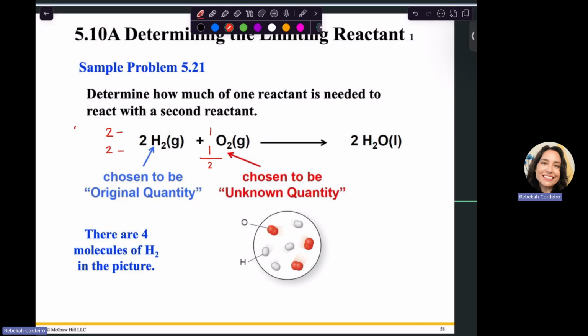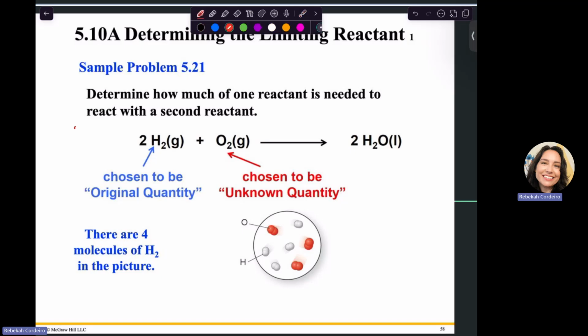So how many total O2s? We need 2. We have 1, 2, 3. Well, we have 3. So we have more O2 than we need to react with the H2. So the H2 would be limiting. I know that's kind of confusing. We're not going to talk about it too much in the form of comparing two reactants together, but that's kind of how we can think about it.